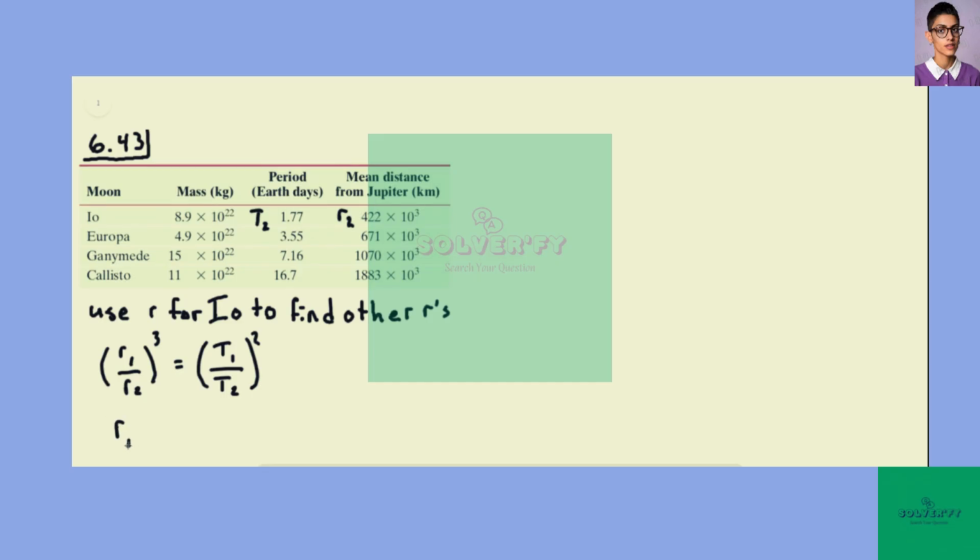And this means that R1, which is what we're calling these other things, or the distance for Europa, Ganymede, and Callisto, is equal to R2 times the ratio of the two periods to the 2/3.